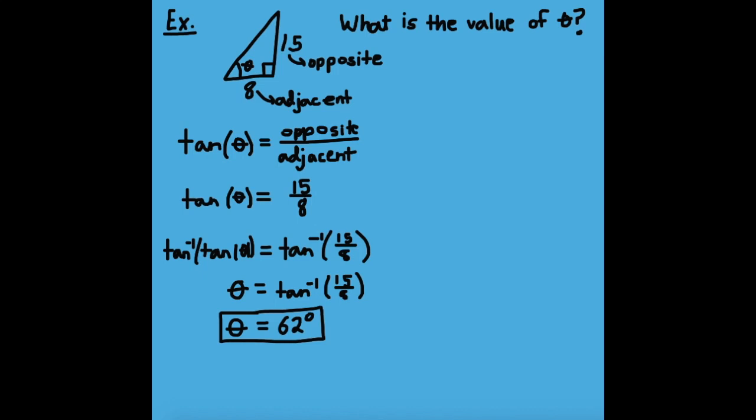Let's try another example. Let's say we have this right triangle. What is the value of theta? In other words, this question is asking what is the value of this angle.